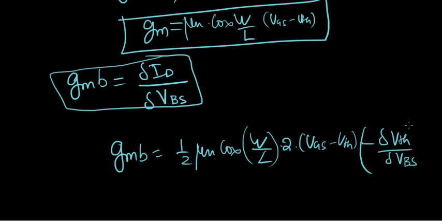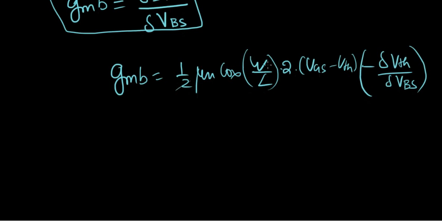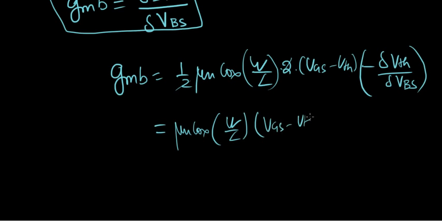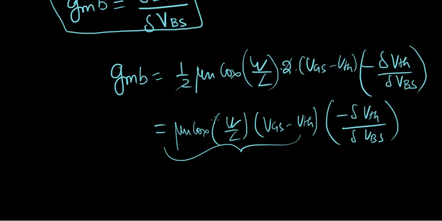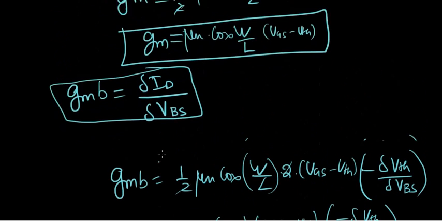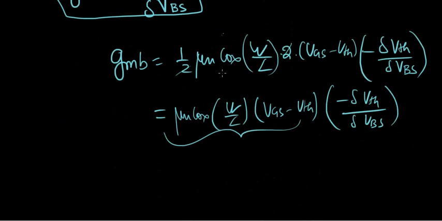Again, the 2 cancels, and what we have left is μn Cox W/L (VGS − VTH), the same thing. This here is nothing but GM, as we derived here. So it's GM times negative this.